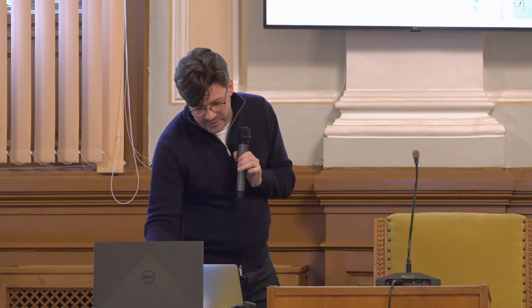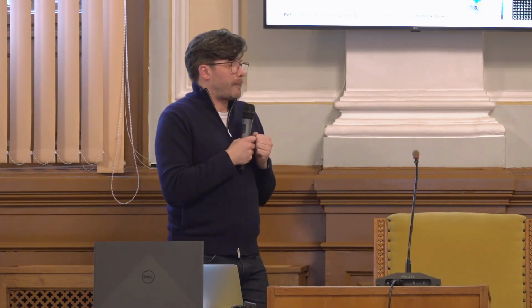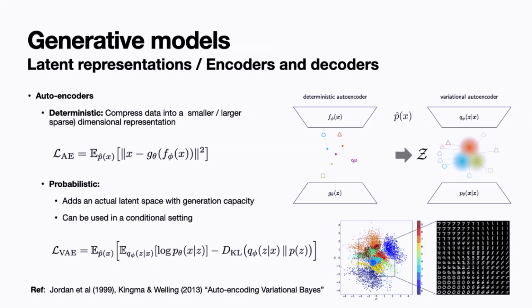And on top of that, there's also something that Stefan mentioned, the autoencoders. It's really hard to generate HD quality images without choosing some sort of relevant, smaller representation. So typically we employ an autoencoder.